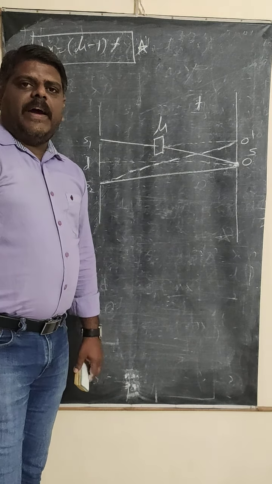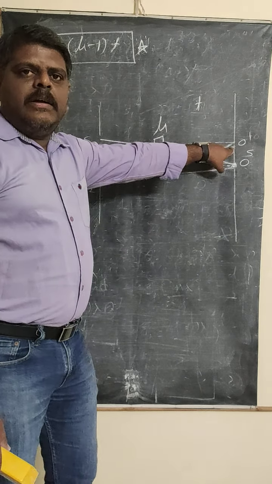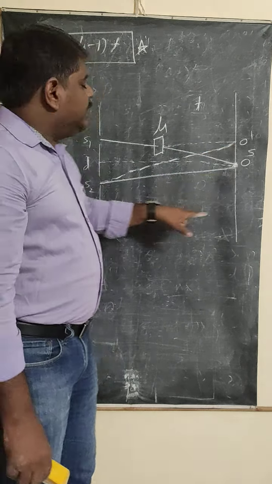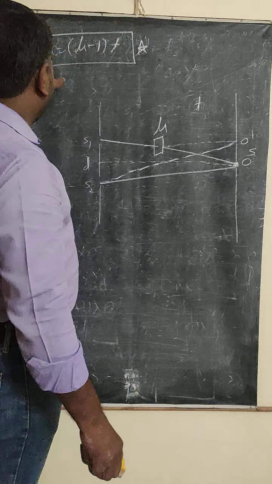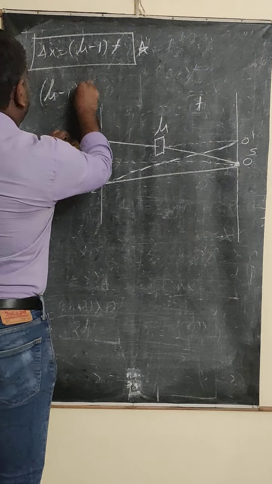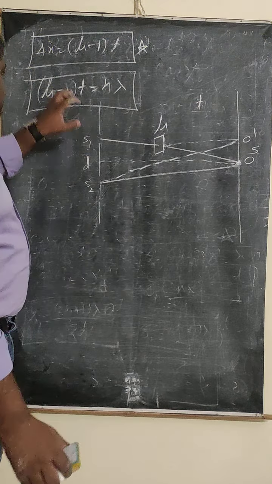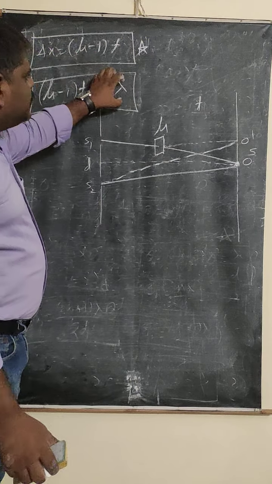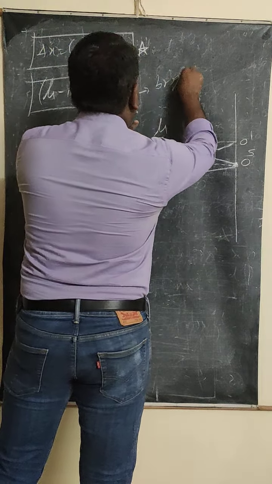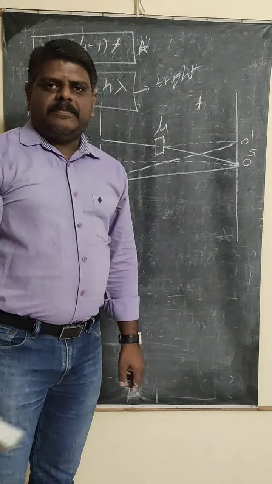Next, if I want to obtain a bright band at O dash, what should the condition be? (mu minus 1) into t must equal n lambda. If this path difference equals n lambda, then definitely you are going to get the bright band at point O dash.